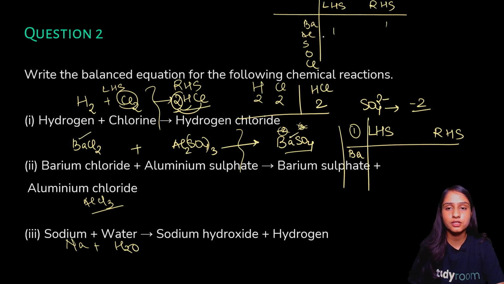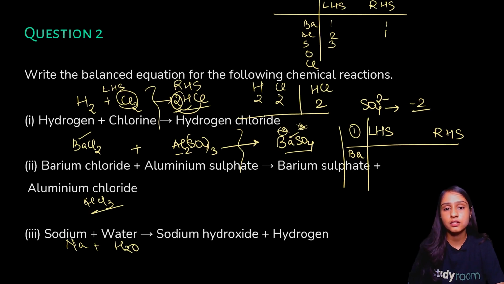So here the number of atoms of barium is 1, 1. You need not change it. Okay, aluminium 2, 1. You will have to change it. Sulfate. Okay, though this sulfate is in a bracket, you can get the 3 inside the bracket. So the number of sulfate ions here is 3.